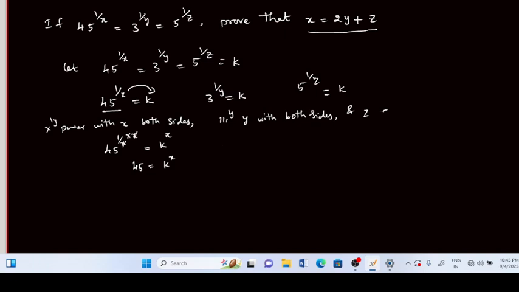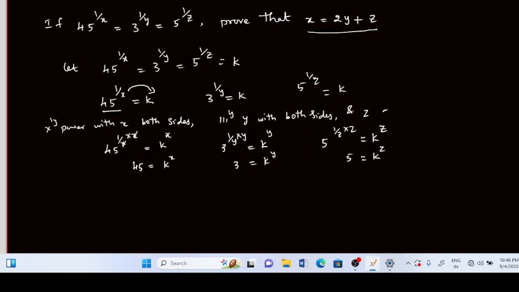Similarly here 3 power 1 by y into y equal to k power y. So 3 is k power y. Similarly here 5 power 1 by z multiplied with z equal to k power z. So here z get cancelled. We can write it as 5 equal to k power z.